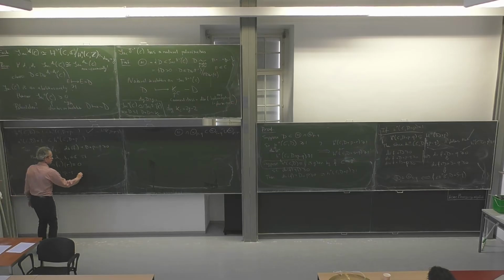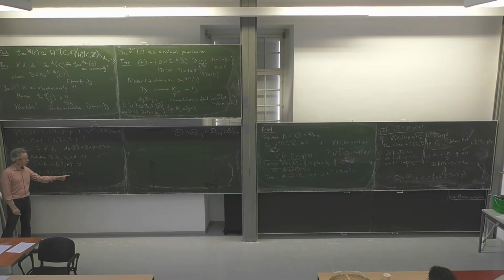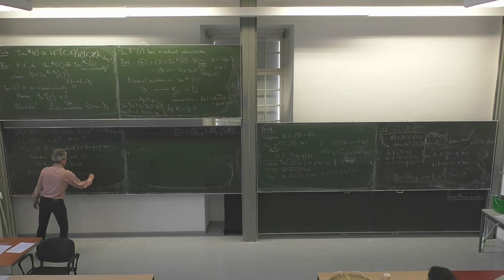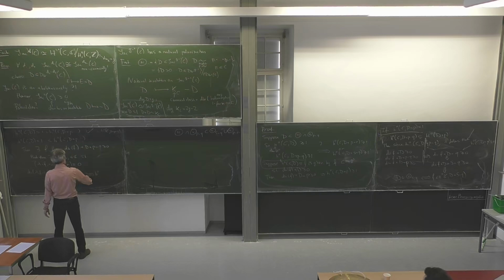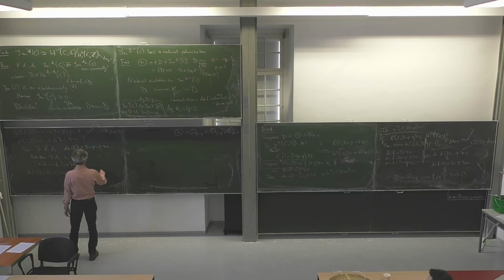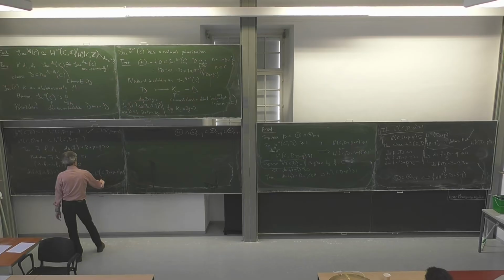So this means this is greater than or equal to 0, right? This linear combination vanishes at r, which is all I needed. Which implies that h naught of d plus p minus r is at least 1, which is equivalent to saying that d lies on theta.